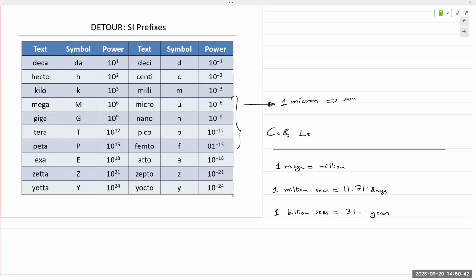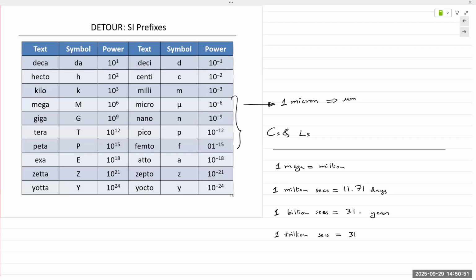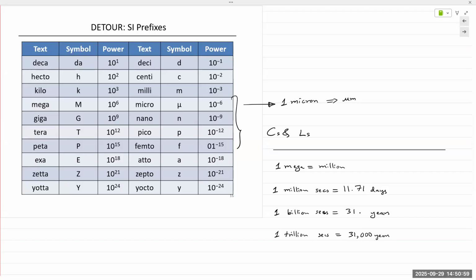So how much is 1 trillion seconds? This should be easy to figure out now. 31,000 years. How much is the federal government deficit? It's over $30 trillion.